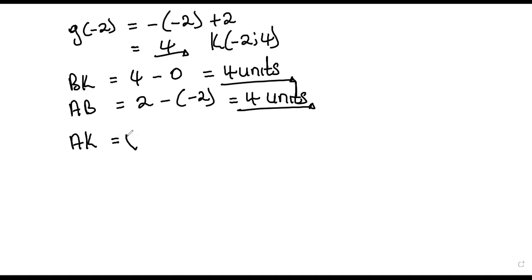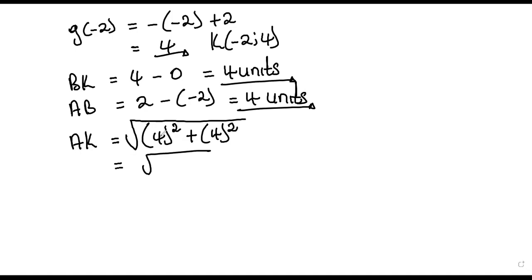So if we must find AK, it's just going to be the square root of AB, which is 4 squared, and then we add this to BK, which is also going to be 4 squared like that. So this is going to be the square root of what? 4 squared is 16 plus another 16 is just going to be 32 like that.